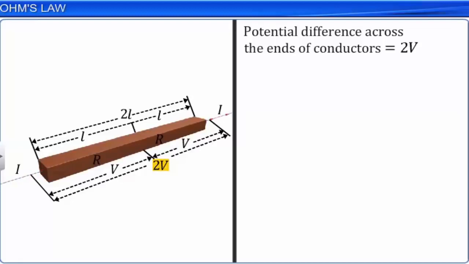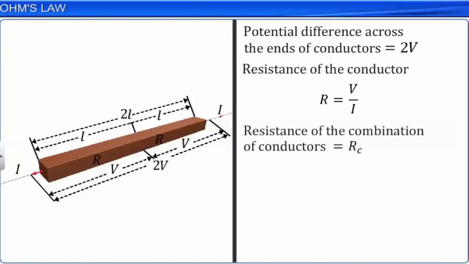The resistance of each conductor is expressed as R is equal to V by I. The resistance of the combination of conductors is represented by RC. RC can be calculated by applying the above formula for the combination.